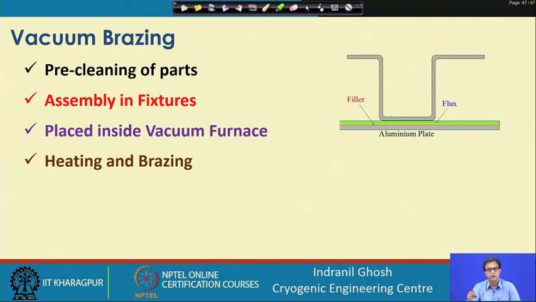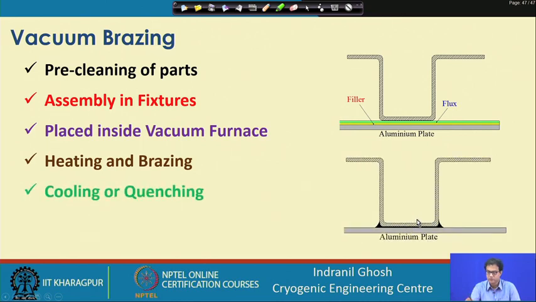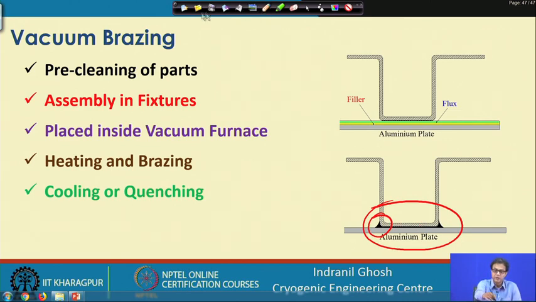Sometimes we allow it to cool down naturally, or otherwise we quench it. Finally we have the brazing between the plate and the fin, and then we go for the inspection.